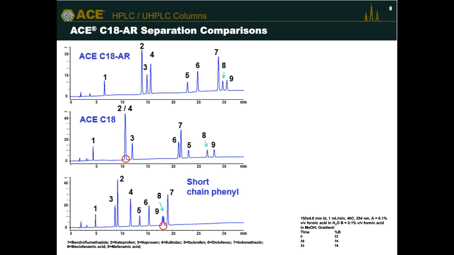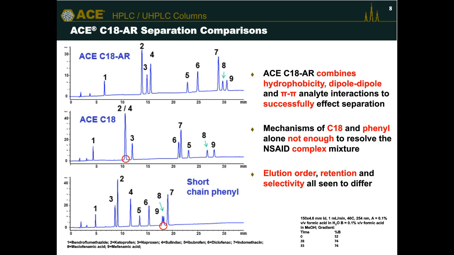Whereas with the C18AR, with the extended alkyl chain, phenyl stationary phase, we get separation of all the compounds in this mixture, and we get a very different selectivity. So the C18AR is almost like bringing together the mechanisms of the C18 in the middle and the mechanisms of the short chain phenyl at the bottom together into a single stationary phase.